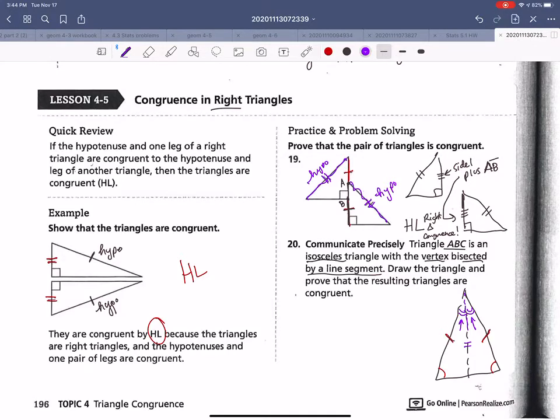So we can kind of think of this as side, angle, side, or angle, angle, side. Either way, these triangles are congruent. We also know if we cut an isosceles triangle in half, that would be 90, that would be 90. So again, I would take angle, angle, side, or angle, side, angle.